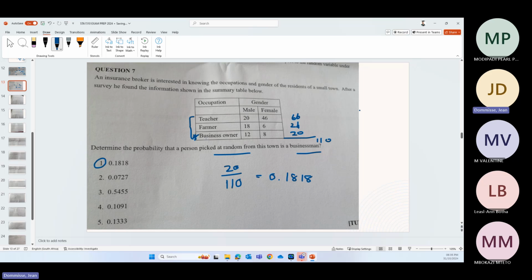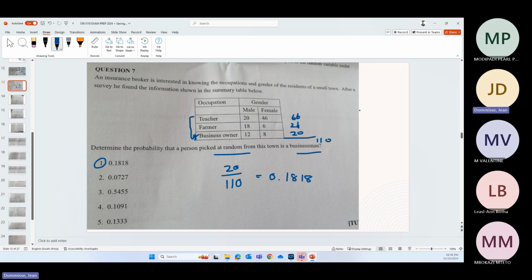Okay, if I ask farmer, it would have been 24 divided by 110. Okay, at least that's not an option. If I ask teacher, it would have been 66 divided by 110, 0.6. What else could we get here?